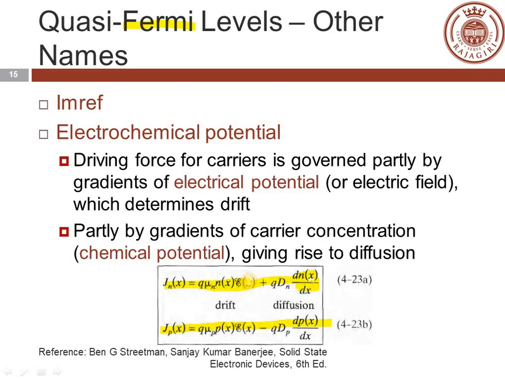Then we saw the concept of steady state carrier injection, in which we saw the equation for diffusion length. And finally we saw gradients in Quasi-Fermi levels and how to modify our current equation, which consists of both drift and diffusion, with the gradient in the Quasi-Fermi level. So thank you.